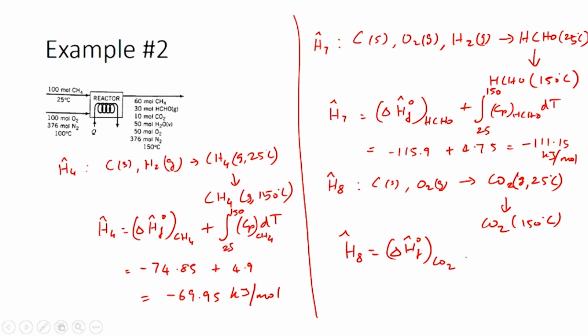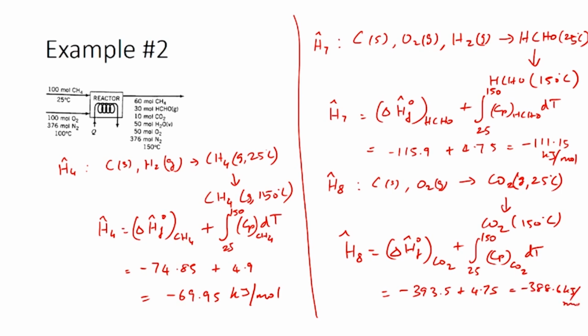You use the standard heat of formation of carbon dioxide and add it to integral 25 to 150 Cp of carbon dioxide dt, and substituting the value for heat of formation and the Cp value for carbon dioxide, you would be able to calculate H8 cap as minus 393.5 plus 4.75, which would be equal to minus 388.6 kilojoules per mole.